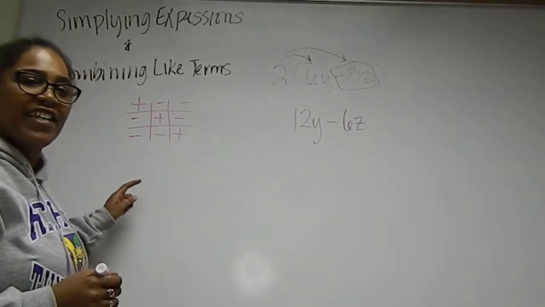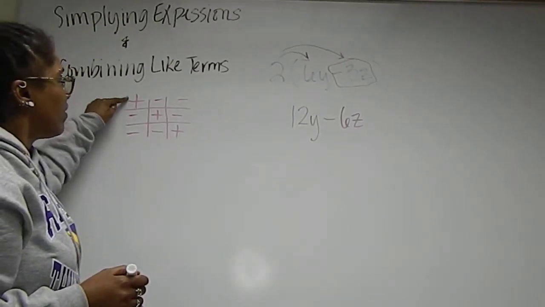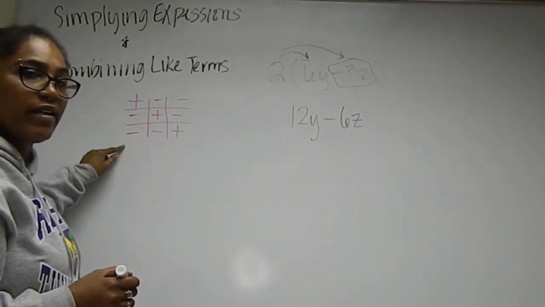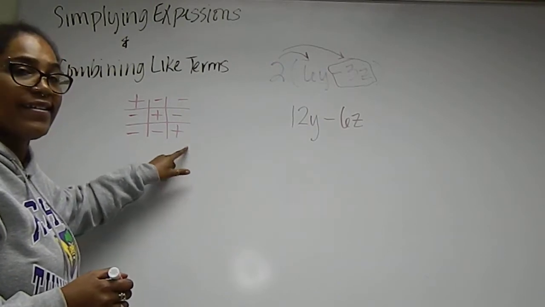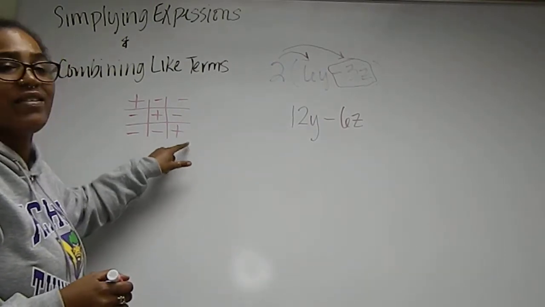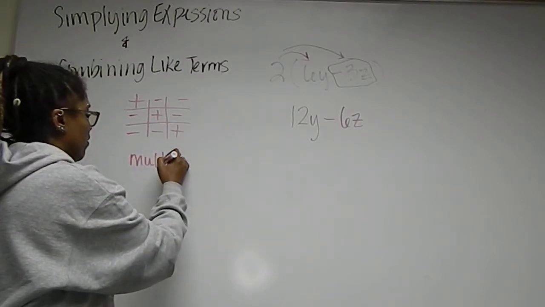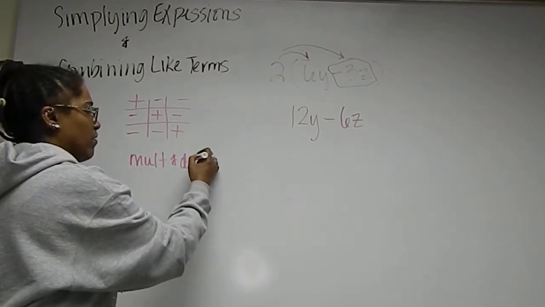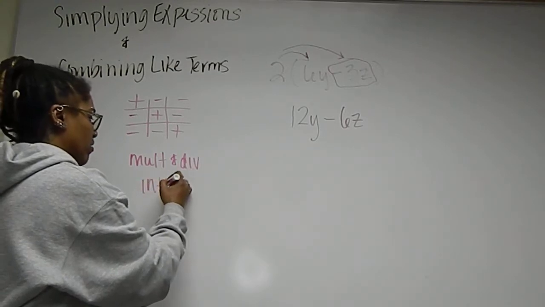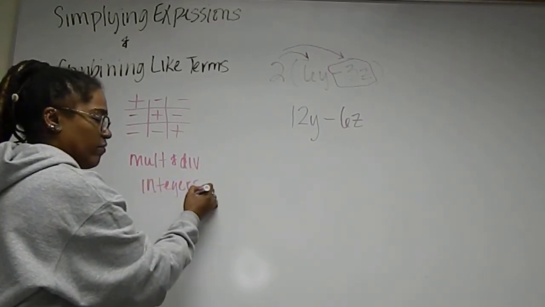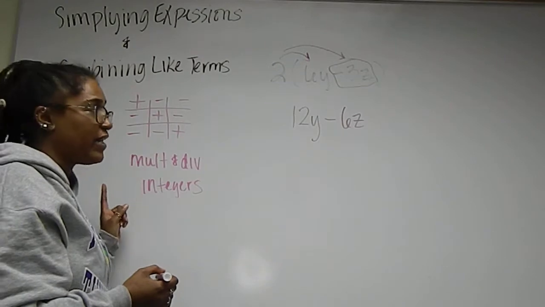And then again, any way you read it, top to bottom, left to right, right to left, bottom to top, this is for multiplying and dividing integers. Right? Multiplying and dividing integers.